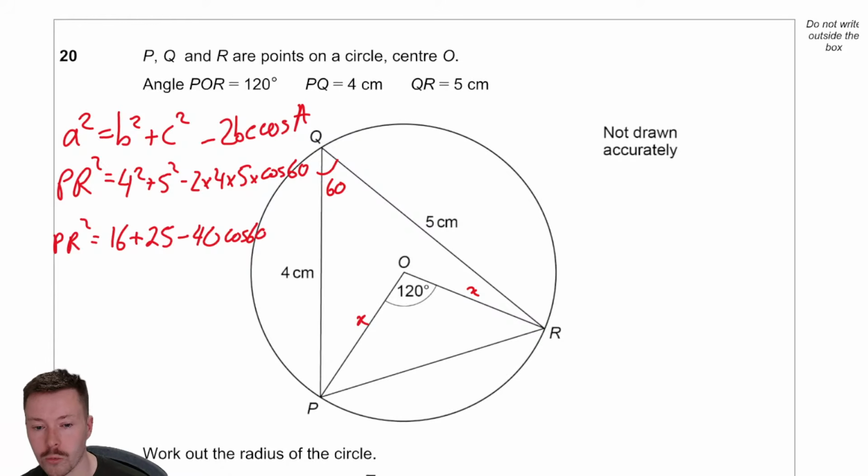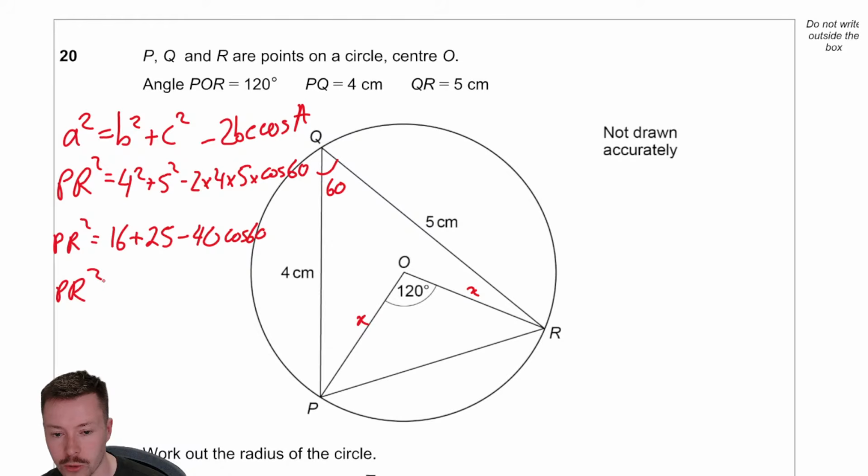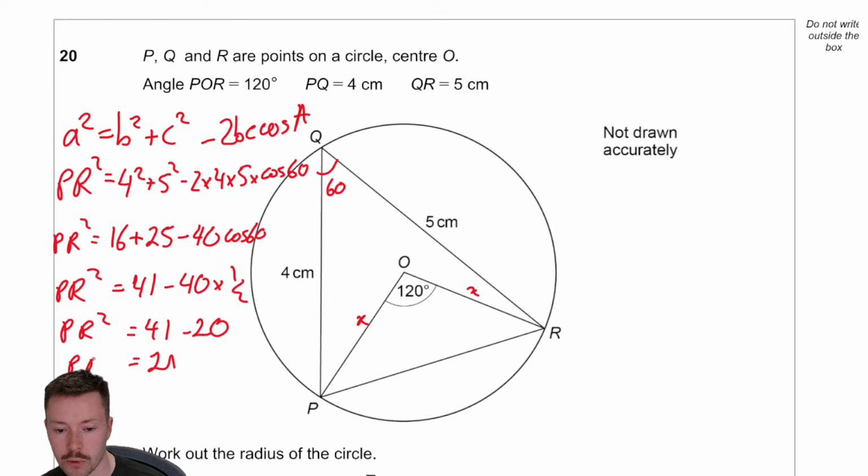Apologies for the confusion. So that's 21. PR squared, so PR equals square root of 21.